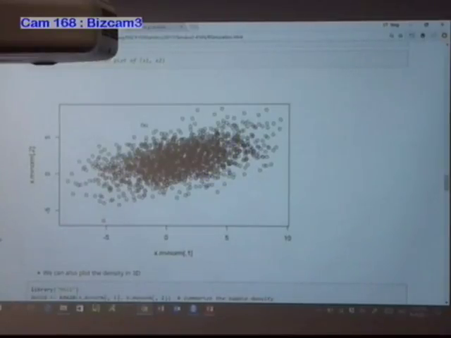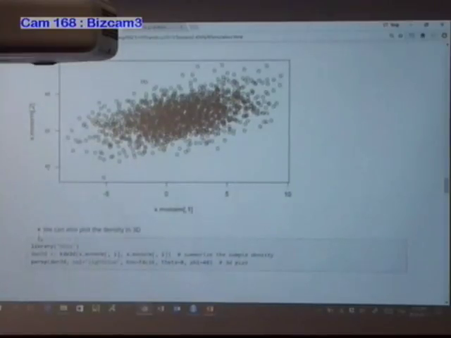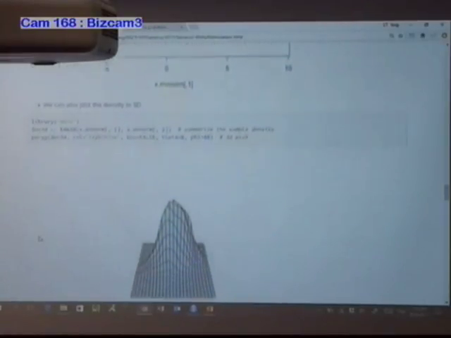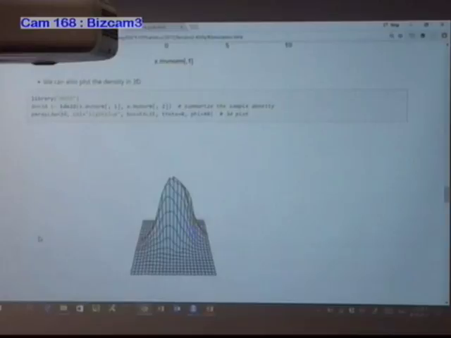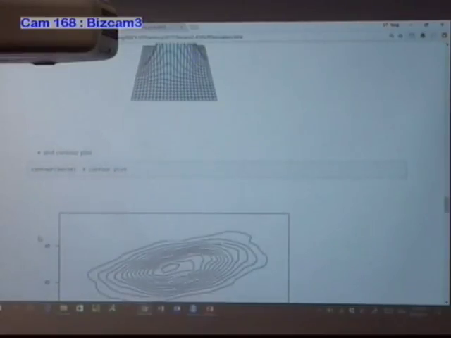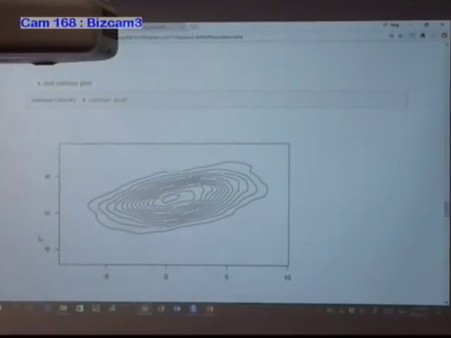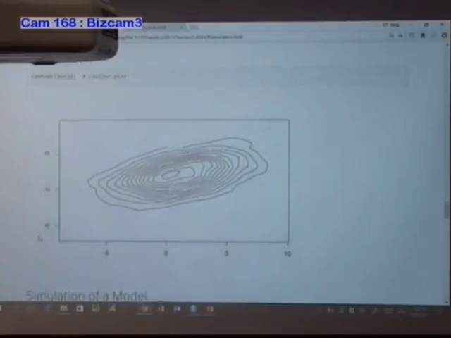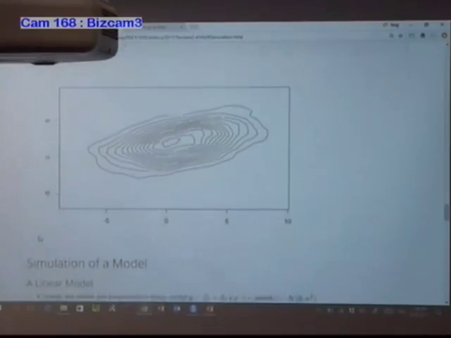So you have a narrow band towards the diagonal direction. If you don't like scatter plots, there's a 3D version. So finally, that's the 3D histogram. Not very informative. And contour is better. So that's a slice of this 3D bell into many layers, right? That's a contour. Not perfect, but yeah, that's from the data.